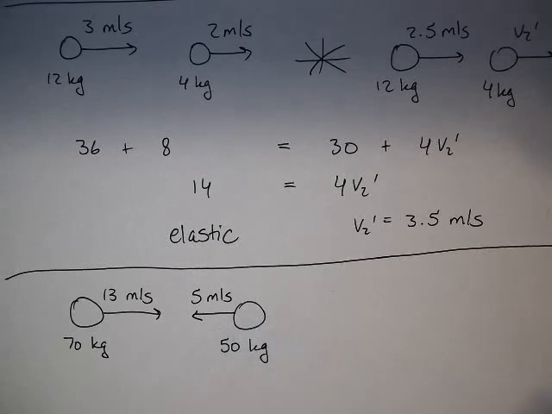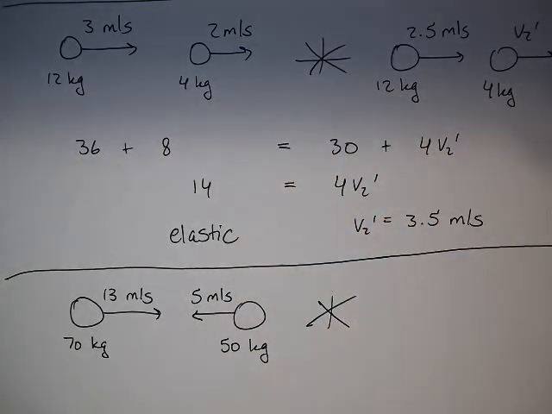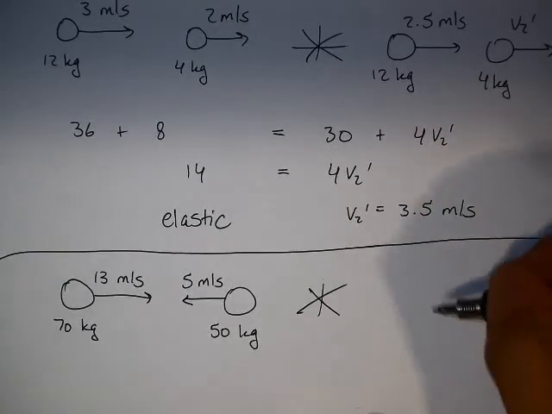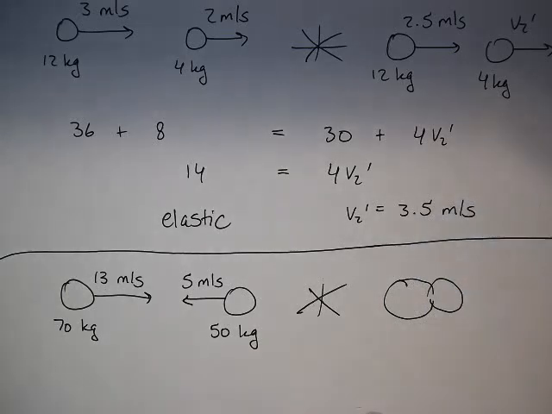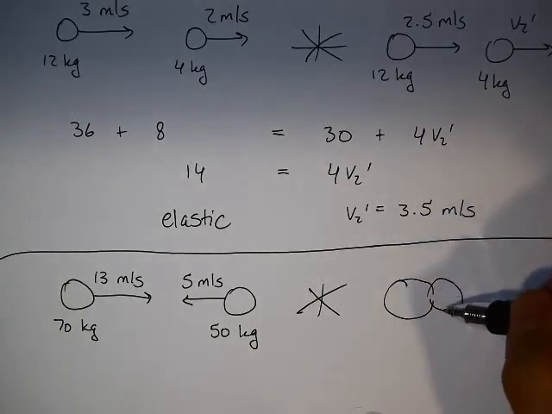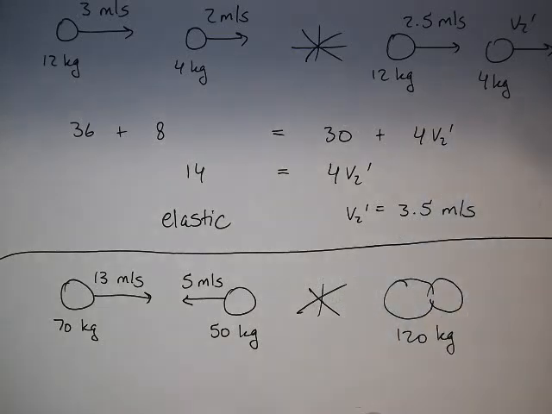Second object is 50 kilograms. They collide, and this time they stick together. It's one big clump with a total mass of 120 kilograms.